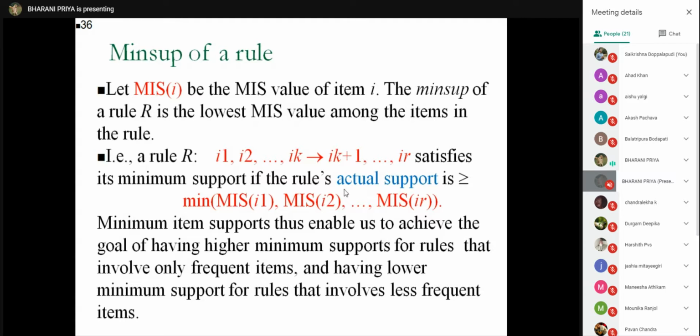So whatever actual support we are getting, our support should be greater than the minimum support of all these values. So by using this minimum support, we can achieve a higher minimum support for frequent item sets and a lower support for rare items.